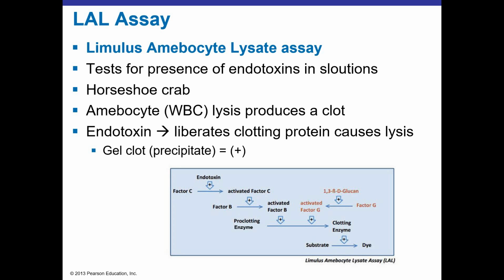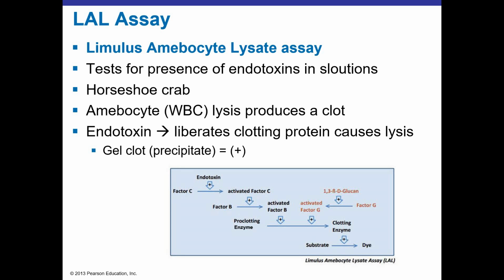It uses amoebocytes, which are white blood cells from horseshoe crabs, to see if these endotoxins can stimulate their clotting pathway. This clotting cascade is activated by endotoxins if present, and we have made this into an assay so that these clotting enzymes will cause a substrate to turn a color so we can easily detect when the endotoxins are present.